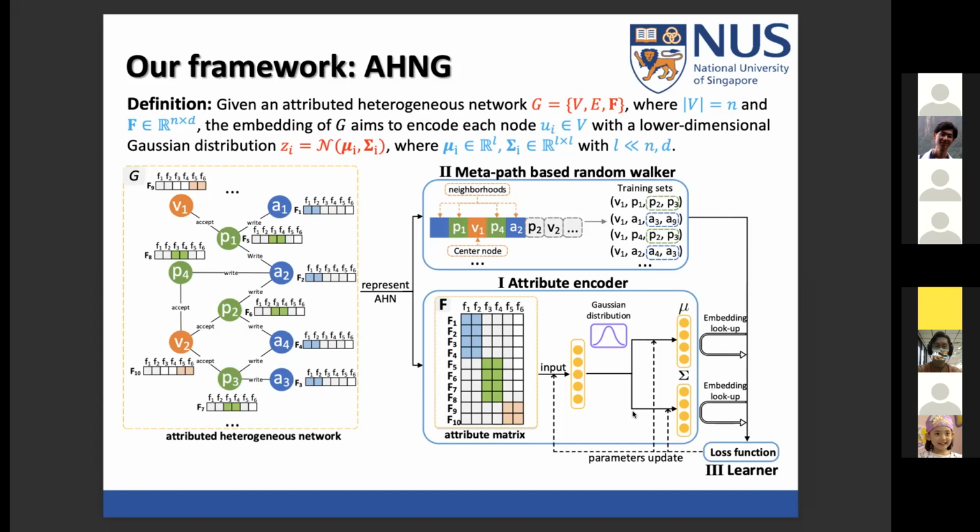So maybe I can simplify the question here. Since you are learning a distribution, do you need to sample an instance from the distribution, or are you just using the distribution to do the prediction?